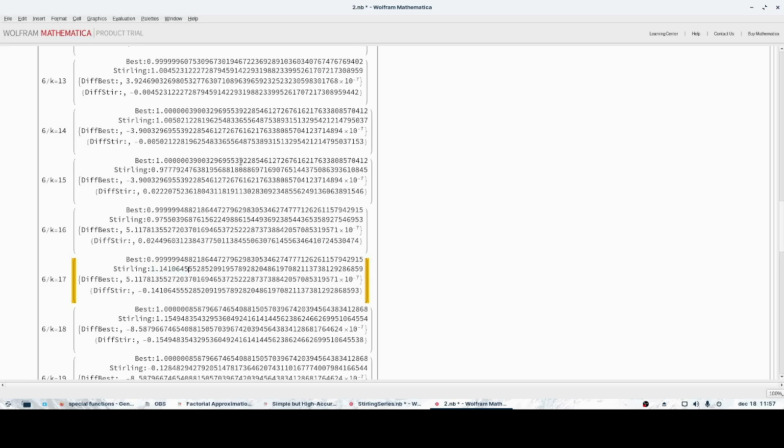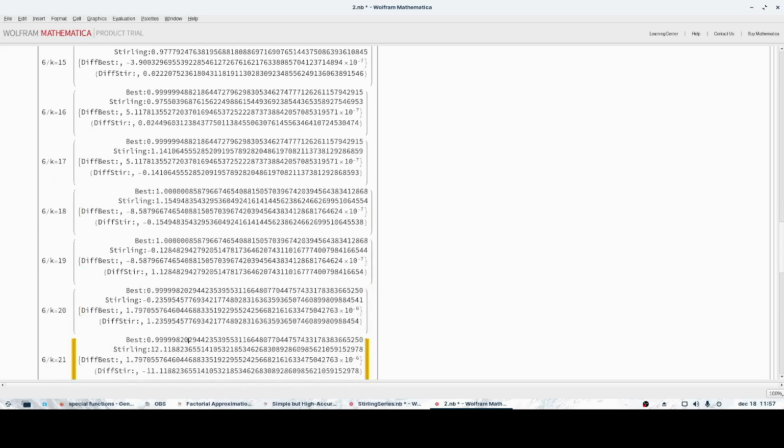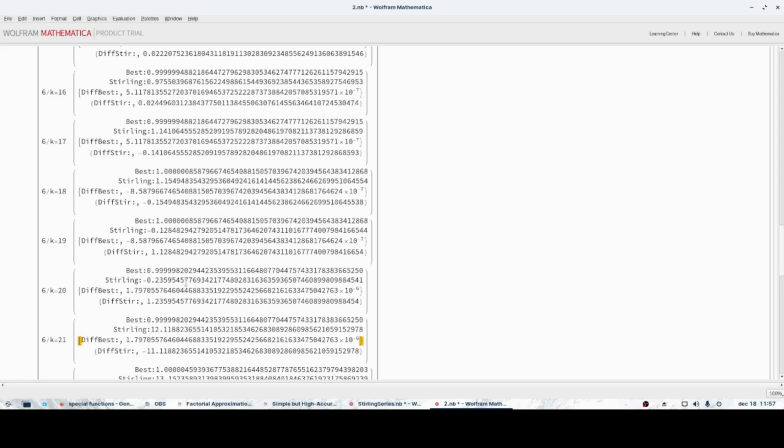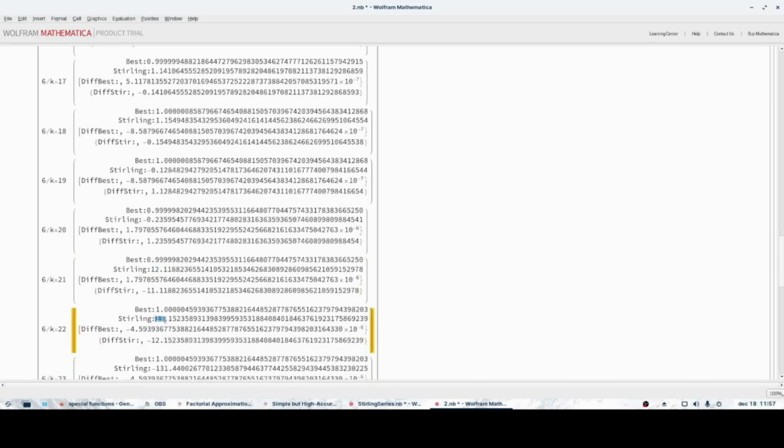So it's starting to be a very wrong result, and even worse. It's minus 0.2 and 12 for 21. It outputs 12. And 14. So you cannot rely on the Stirling formula after the value of 6 for k.